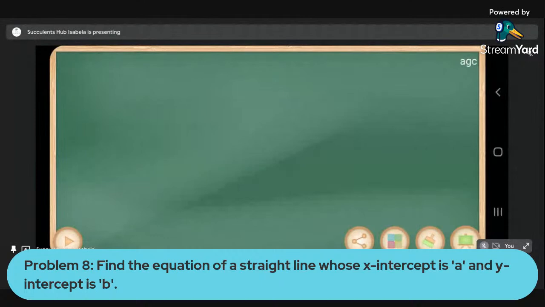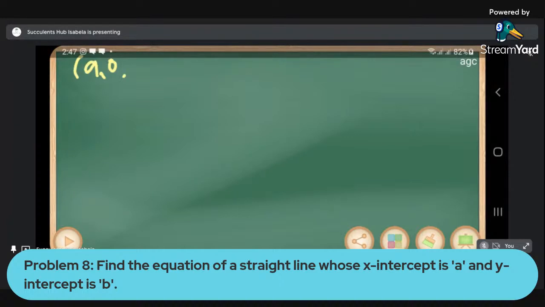So kung x-intercept ay A, ibig sabihin, yung point na yan has the coordinate A, 0. Kasi yan yung x-intercept. And the other one, y-intercept, ibig sabihin, B. Kung B yan, so you will have 0, B, yung point, kung nasaan yung intercept.